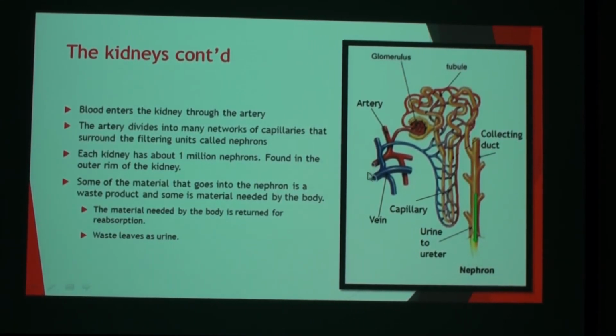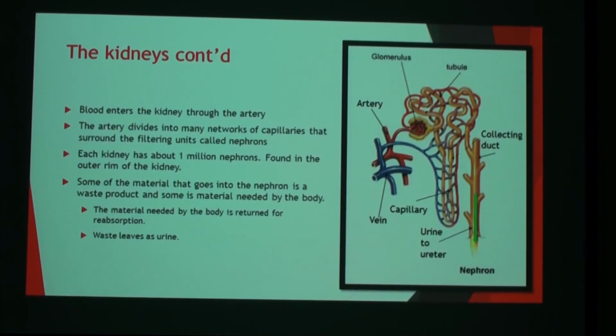So pretty much the blood travels through the artery, right? It comes in through the artery, and then the artery surrounds all the nephrons, and this is where the blood gets filtered.